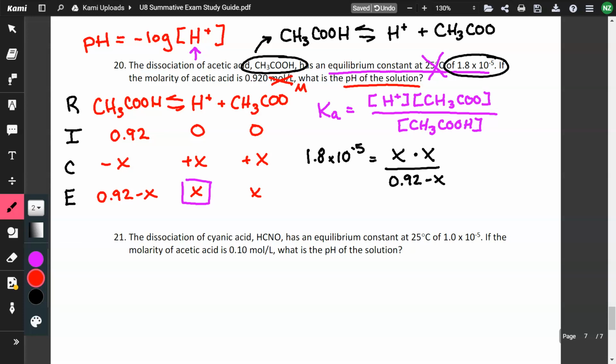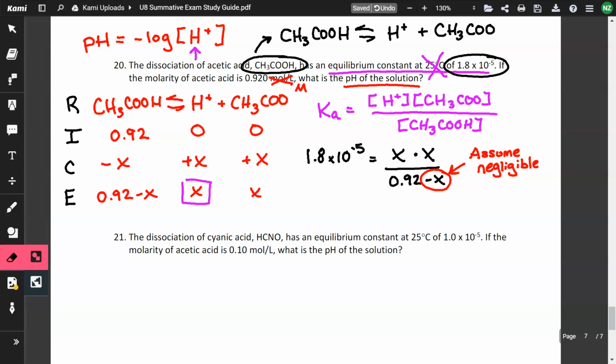Remember, when you're working these types of problems and you have an x in the denominator, we assume this is negligible. Okay, so that's going to make the math a lot easier. So if we assume it's negligible, that means it's going to go away.